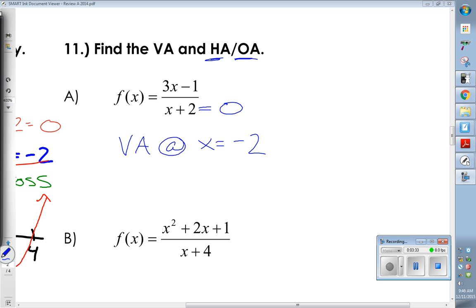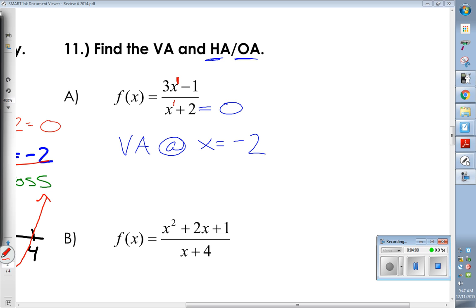Okay, anybody remember, what do we do to look for horizontal or oblique asymptotes? The exponents of the numerator and the denominator. What is the degree of the exponent on top? 1. It is x to the first power. What is the degree on bottom? 1, because it's x to the first power. So my degree in my numerator is equal to my denominator. Okay, they're both 1.